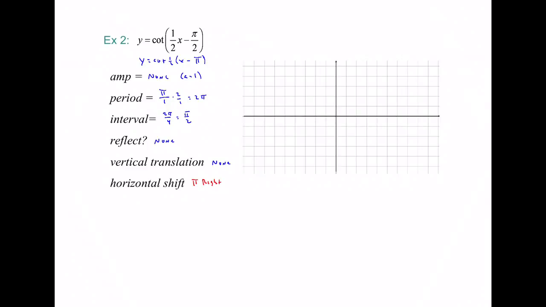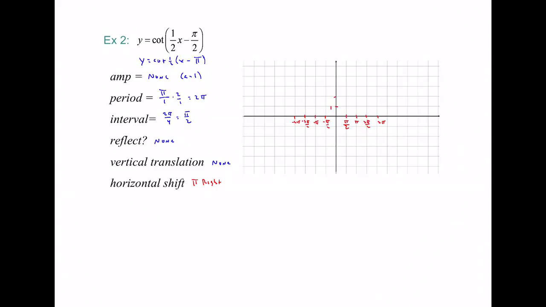Okay, so now when we go to graph this, we do what we always do, is we mark off our interval and our period. So 2 pi, the interval is pi over 2, and mark each interval, pi over 2, pi, 3 pi over 2. Also, we're going to go to the left, negative pi over 2, negative pi, negative 3 pi over 2, and negative 2 pi.